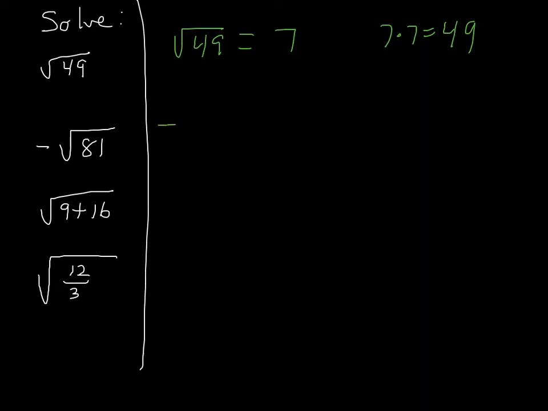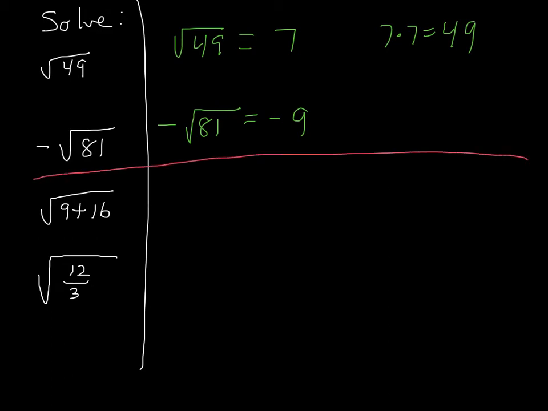Negative square root of 81. Notice where the negative sign is, it's outside, therefore no problem, it's negative 9. Alright, so the first two are no big deal. Now these next two, we got some work to do, and here's where the order of operations comes into play.